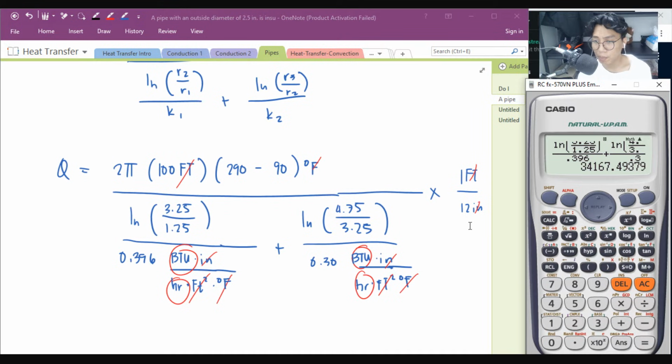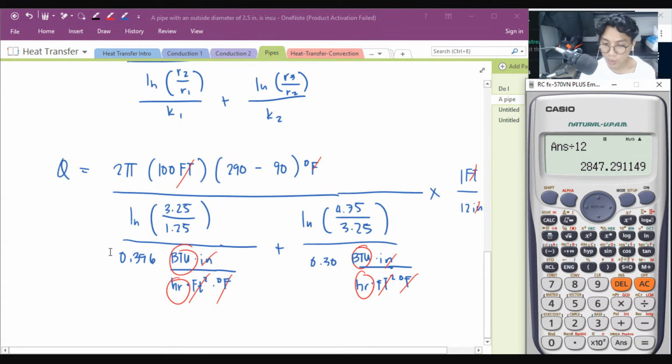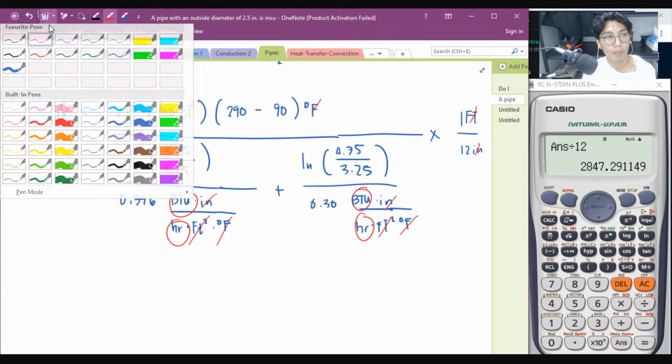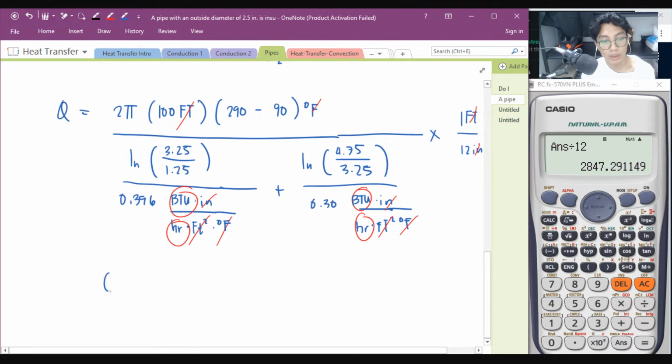Hindi pa yan BTU per hour, kasi nga hindi pa din-divide ng 12. So, divide it by 12. So, the power or the heat loss per 100 feet length is simply the value Q equal to 2847.291 BTU per hour.